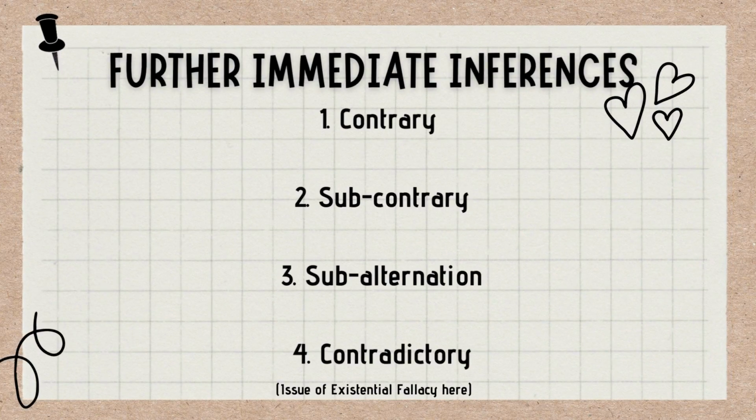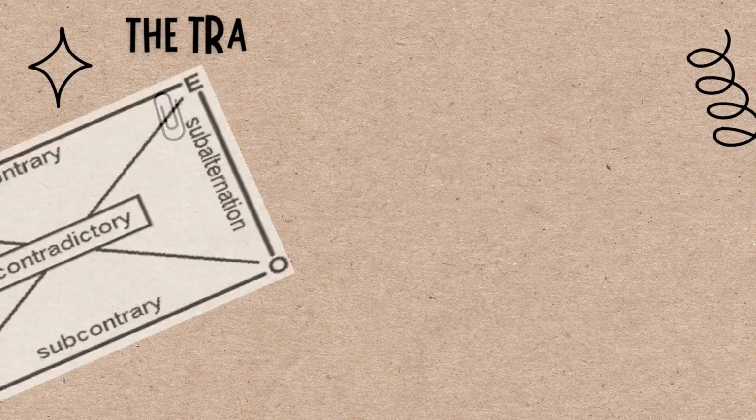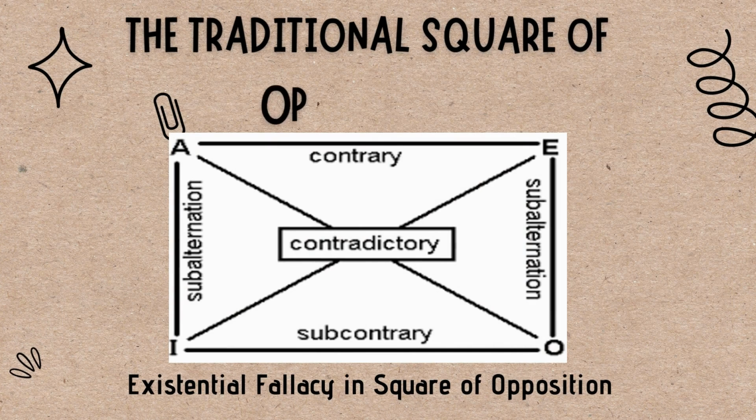So we have this fallacy for each type of proposition. Take the contradictory statements, AO and EI. What happens is, if one is true, definitely the other will be false. If one is false, definitely the other will be true.